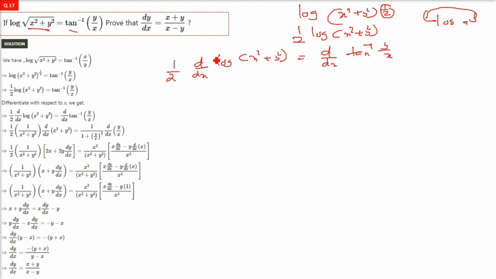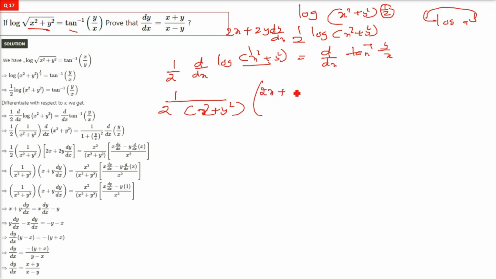Tan inverse of theta. Well, let us do the left side first. Derivative of log of something is 1 by that something, times 1 by 2. So it will be x square plus y square in the denominator. X square plus y square differentiation is what? X square is 2x, y square is 2y, and then dy by dx also, because we are not dealing with x, we are dealing with y.